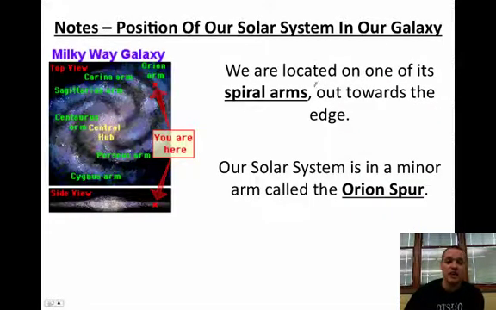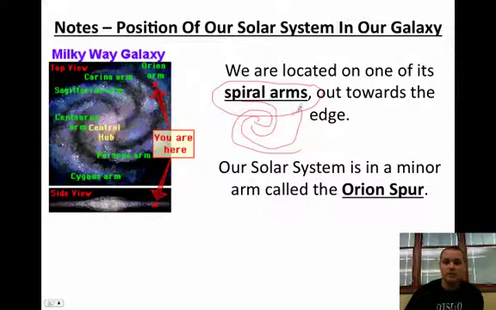And where we are located is on a spiral arm. As you noticed in the very beginning, these arms were spiraling off and out into space, representing our Milky Way galaxy. We're located in one of those arms, and that arm right here is called the Orion spur, or sometimes it's called the Orion arm.